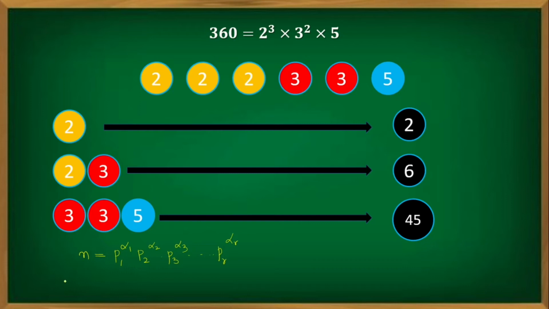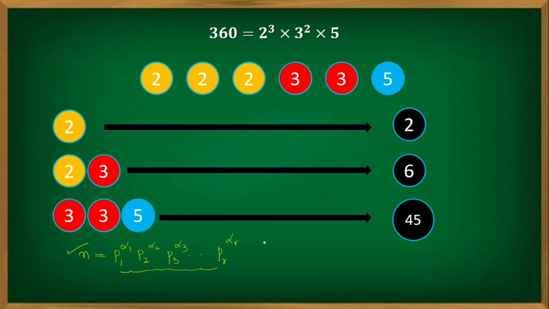Whenever you write a number as a product of powers of primes, that is called the canonical form. So first you must write the canonical form of the given number.